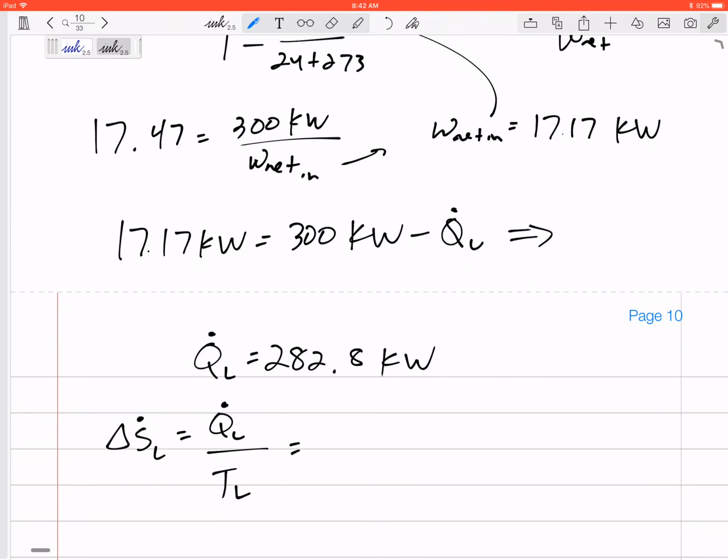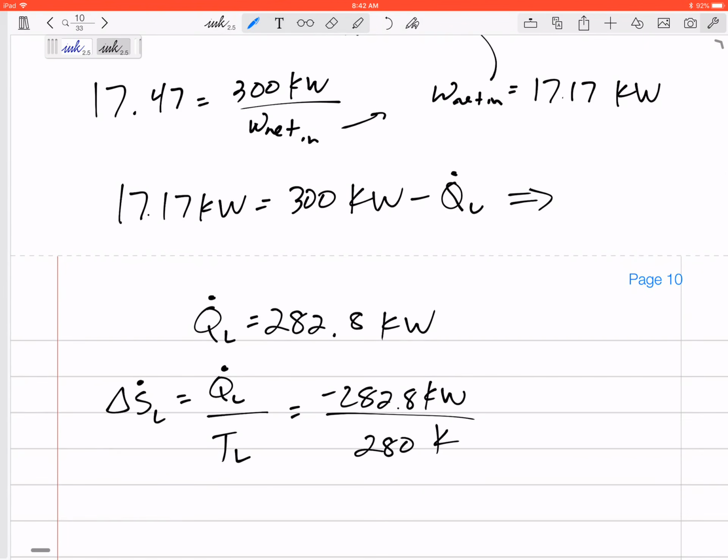And now this Q, this heat transfer, we're extracting it from the outside air, so it is leaving the outside air. So that is negative 282.8 kilowatts over 280 Kelvin. That would be the 7 plus 273. And this is negative 1.01 kilowatts per Kelvin.